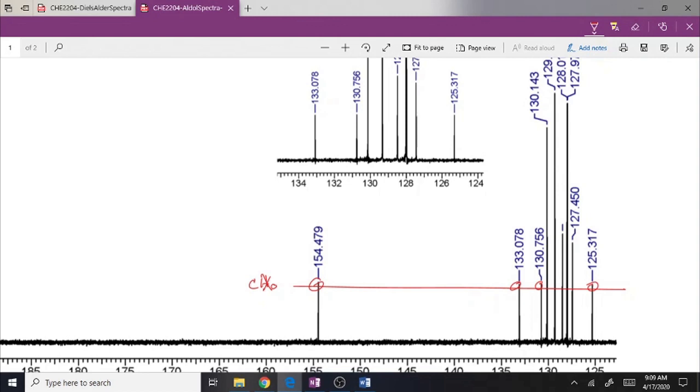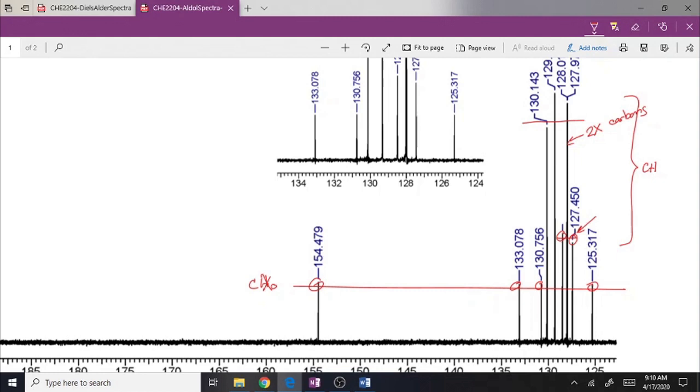The taller peaks then, all the rest of these are carbons that have a hydrogen, and the difference in height is going to be due to the number of carbons that are present. So we have 2 short ones here, this one and this one, that are roughly half the size of these other 4, meaning that the taller peaks represent 2 times as many carbons as these shorter ones.